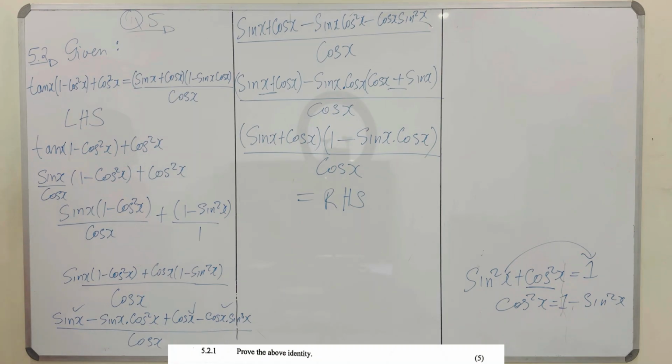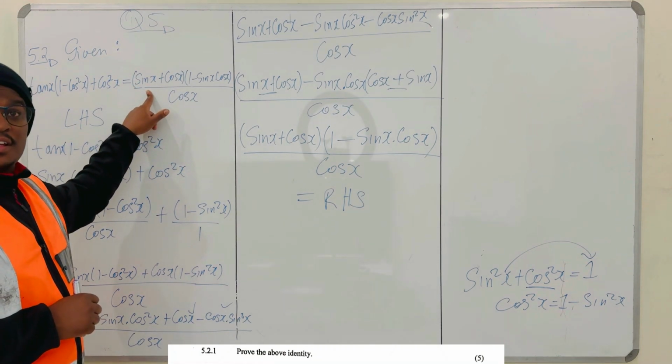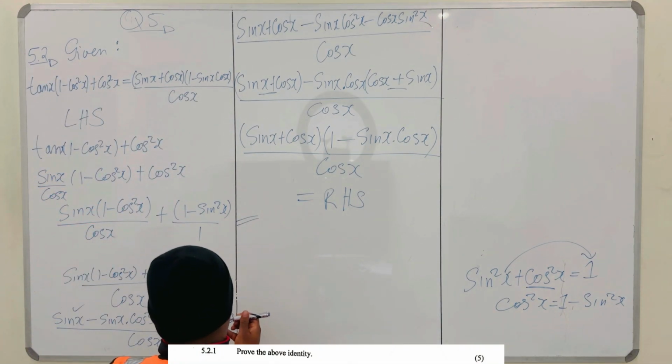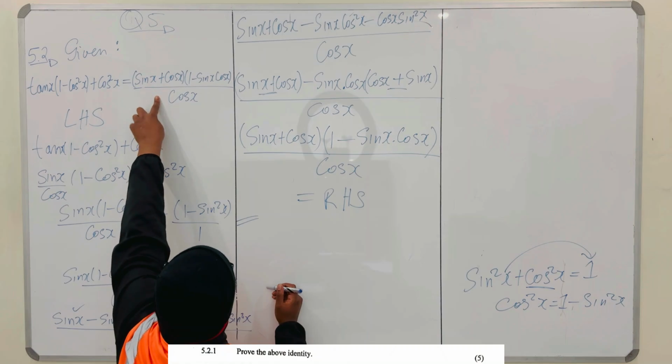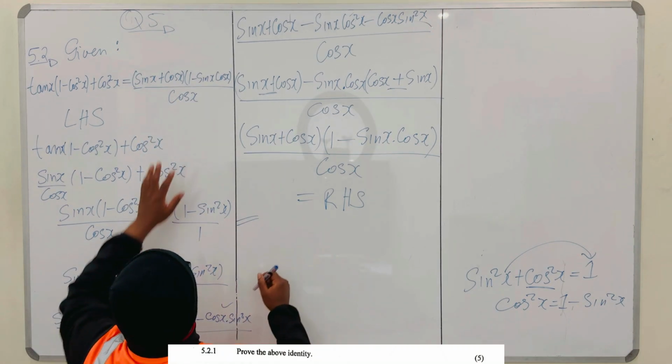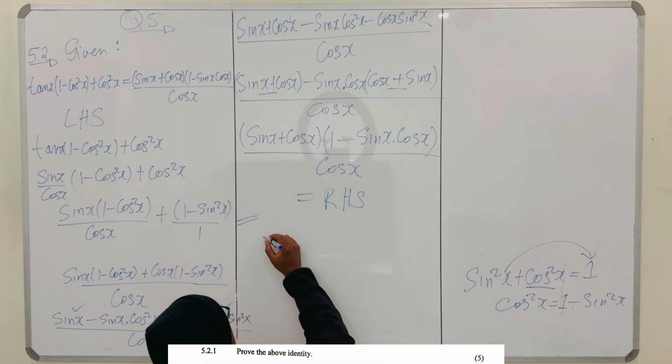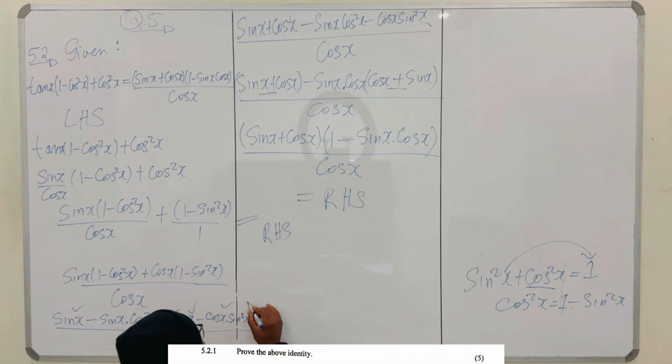Or maybe, let's see what happens if you choose the right hand side. Let's try to choose the right hand side and see how far we'll go. If you choose the right hand side, we're choosing this side here. So we're trying to make it look like that side. So in this case, I'm choosing the right hand side, right?